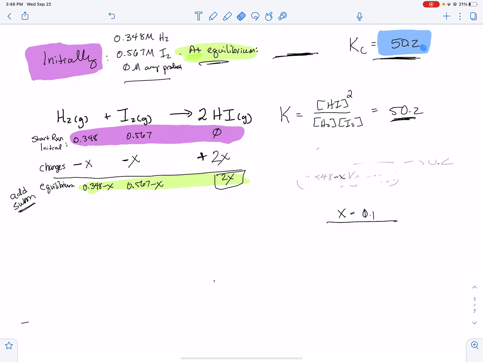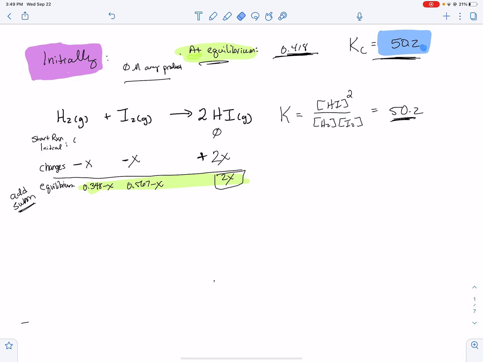You can also work the problem another way. Let's say we did have the equilibrium value, 0.418. And let's say that we know the Kc, but we don't know these two terms. We still know zero product, right? Most of the time you are given one of the two, or it'll say that the concentration of reactants are the same.